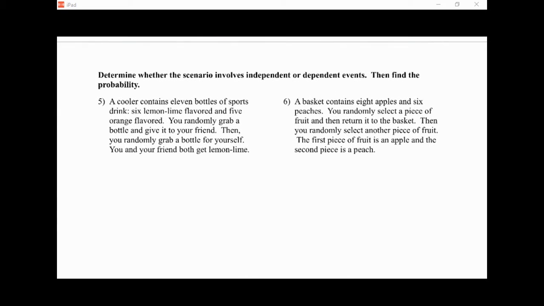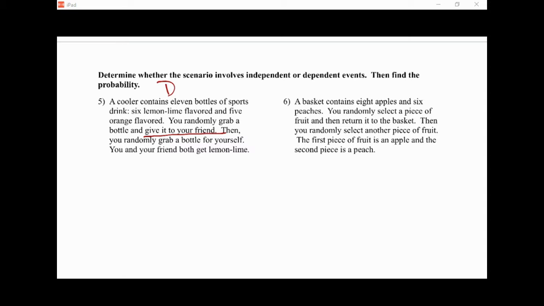So with multiple events, which is what we did yesterday, you have to decide if it's independent or dependent. So this first one, you've got the sports drinks and you grab a bottle and give it to your friend. So this one is dependent because if you take the bottle away, you've changed what is in there because the one is gone.